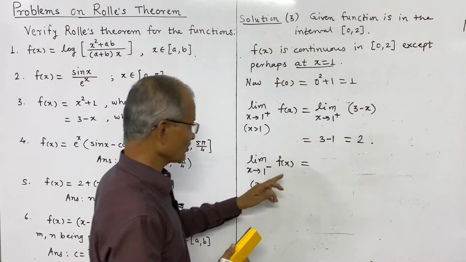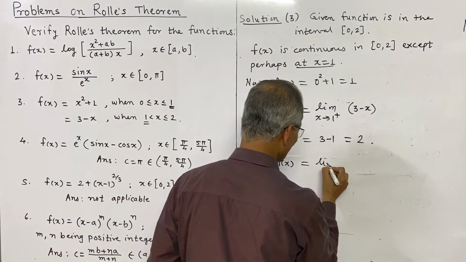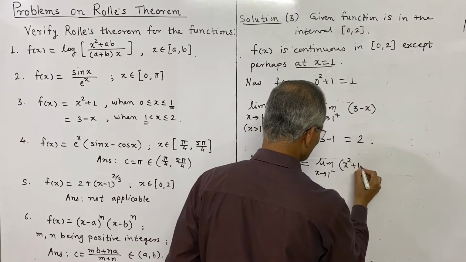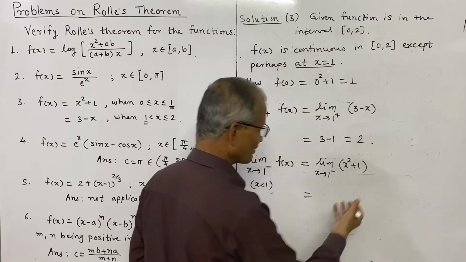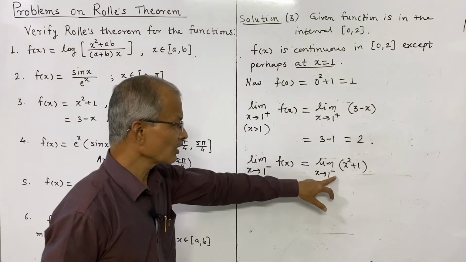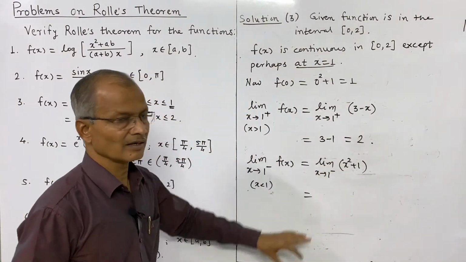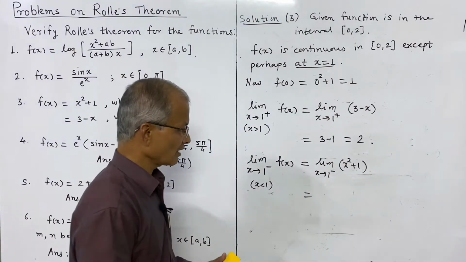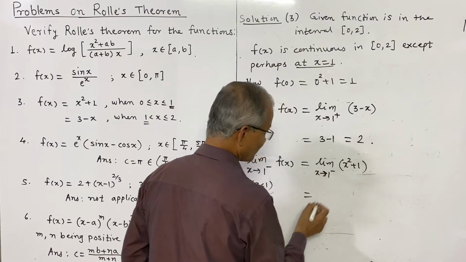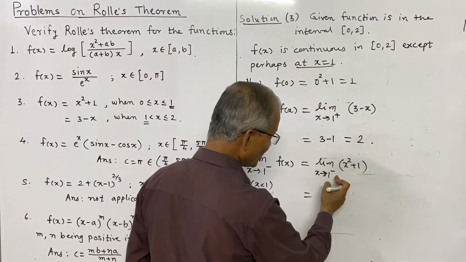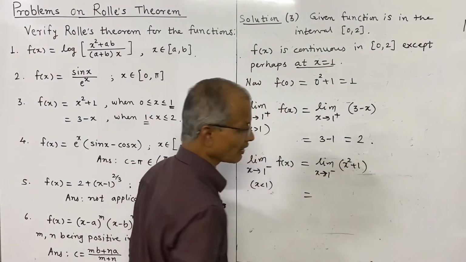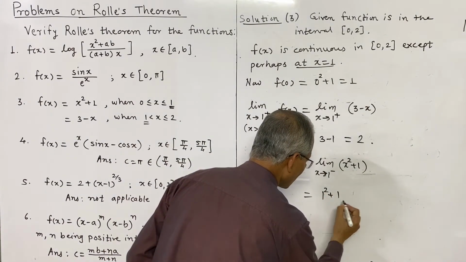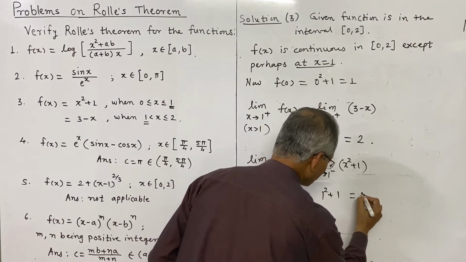So we have to use the value of f of x as x square plus 1, and now it is direct. These are the notations for left and right limits, and you should note this is not minus 1, it is x tends to 1 from left. But when we substitute the limit, we have to put x equal to 1 only. So this becomes 1 square plus 1, which is equal to 2.